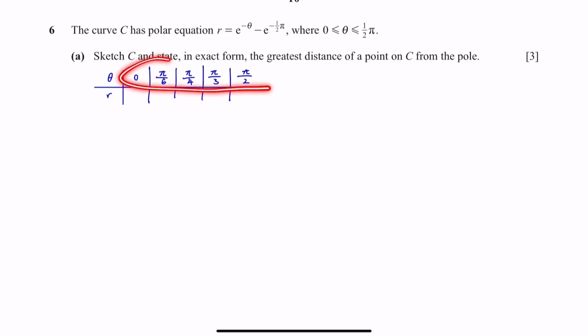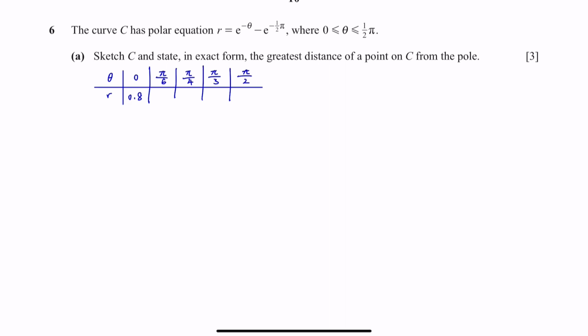These are nicer looking angles. So theta is 0, r is 0.8. You don't have to write the exact form since we just need a rough idea of how it's going to look like.